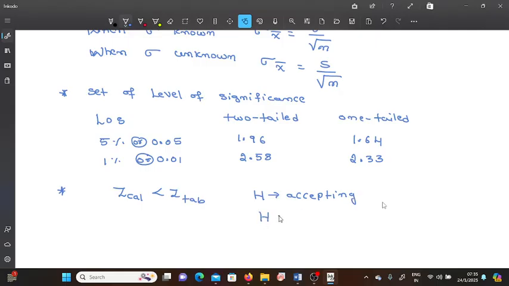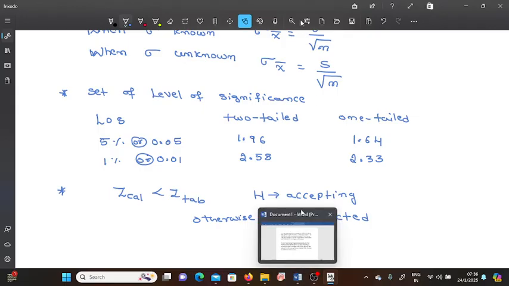Otherwise, the hypothesis is rejected for the different levels of significance, that is, the 5% or 1% level of significance, based on the value of Z.